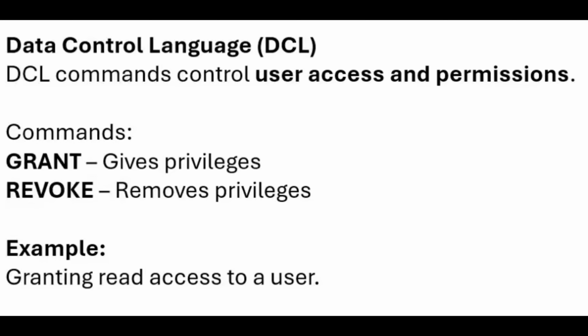And the next command is DCL, data control language. It is used for permissions and security. So here there are two commands. One is grant, it gives access, and next one is revoke, it removes the access. For example, we can grant read access or write access to particular users.